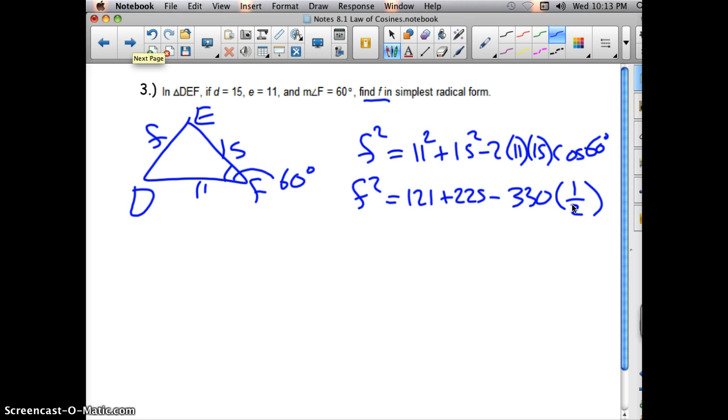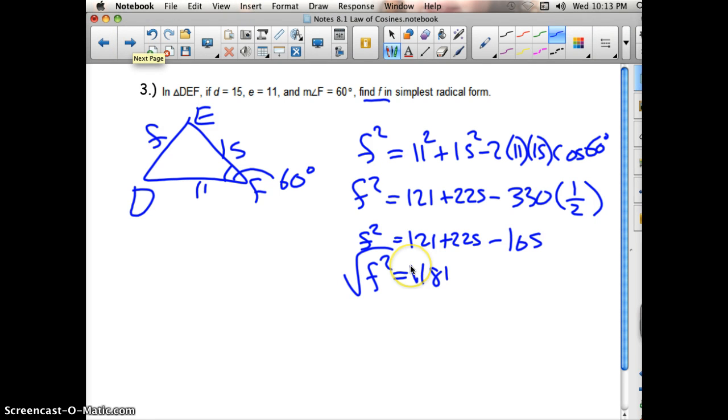So I need to do half of 330. This is 165, and 121 plus 225 minus 165. I'm using the calculator to speed this up a little bit so I can get the whole thing in, in 15 minutes. So I've got f squared equals 181.